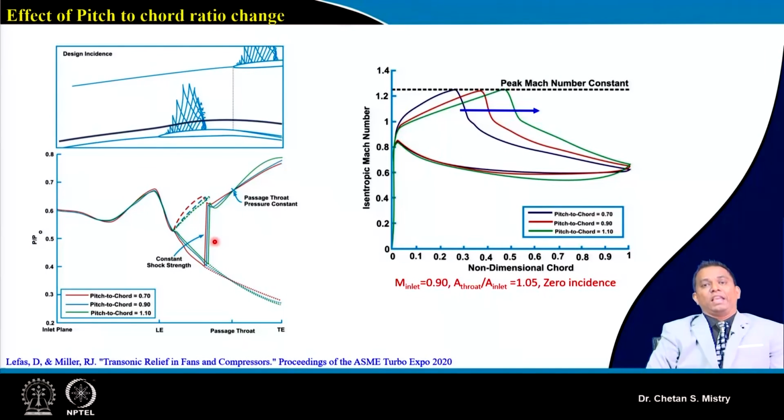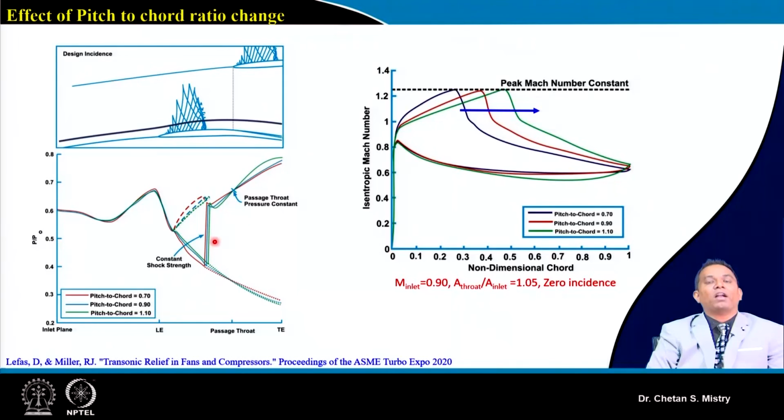Now, what we have discussed is, we started discussing airfoils, especially transonic airfoils. Then we discussed the formation of shock. Then we discussed how my flow behaves on my suction surface and on my pressure surface.